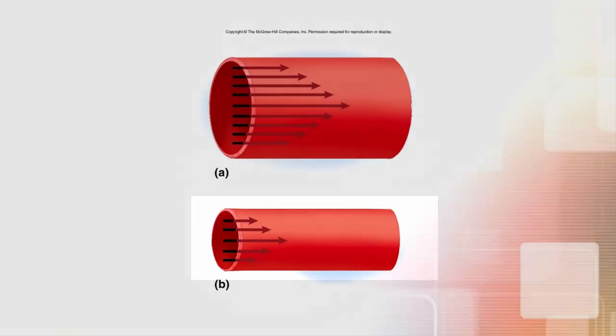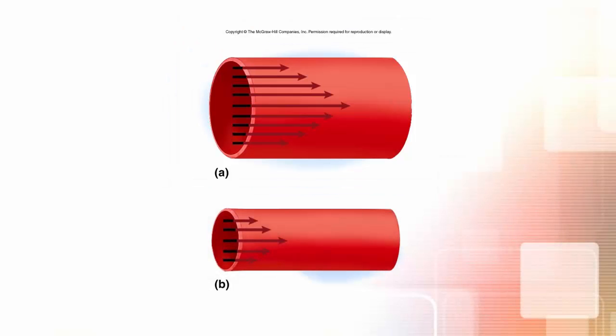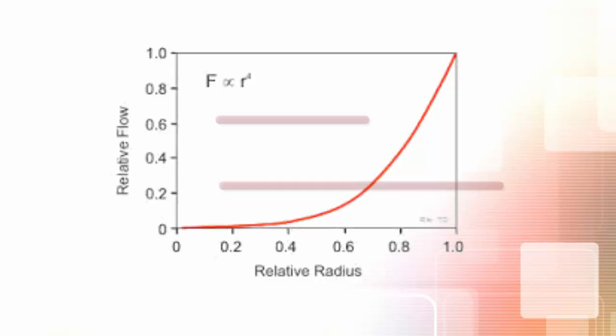With a larger lumen, there's more room for the blood to move unobstructed by friction. And so vessels with a large diameter will tend to have greater blood flow rates. This relationship, however, is not linear. Small changes in diameter of a blood vessel will make very large changes in blood flow.